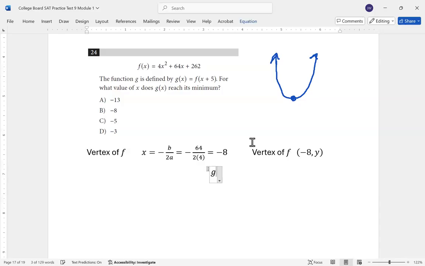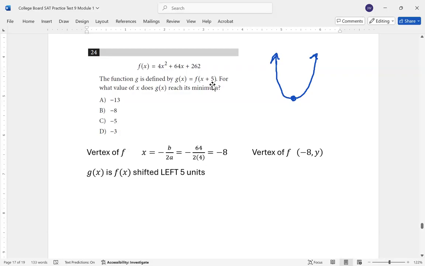What we can do now is say that g of x is f of x shifted left 5 units. That's just what the shift is. We replace the x with an x plus 5.